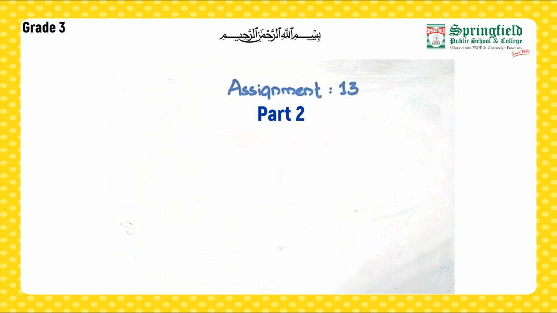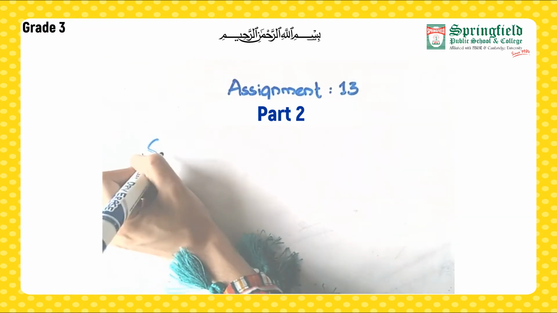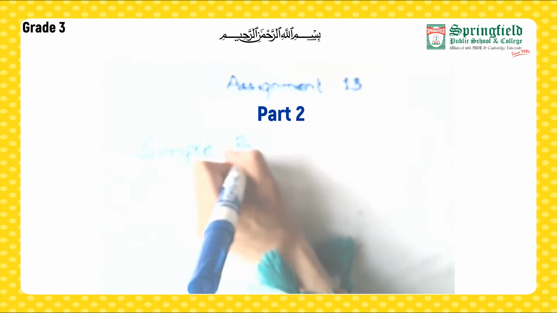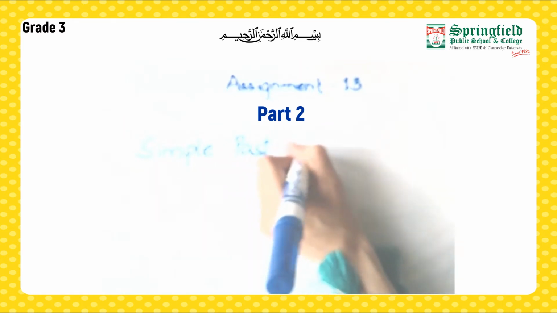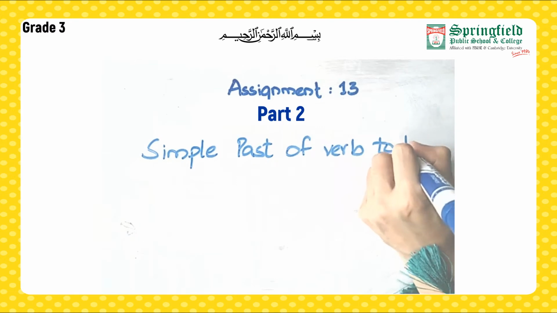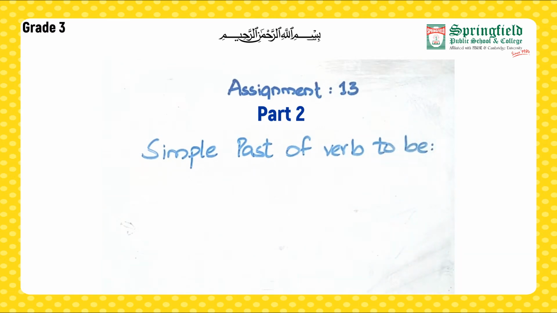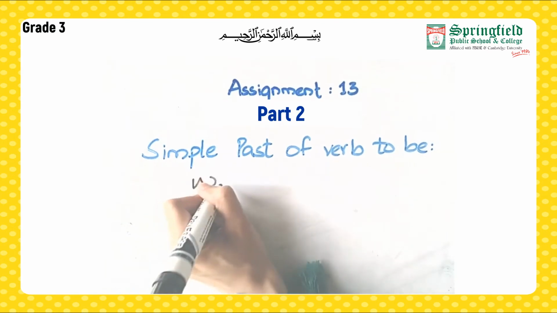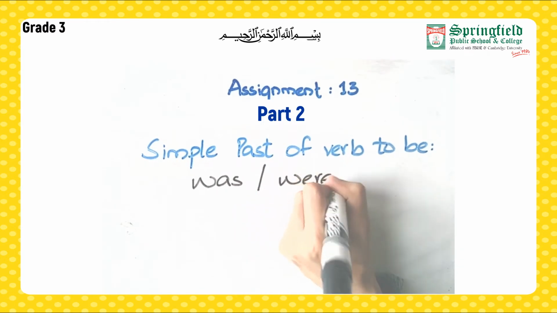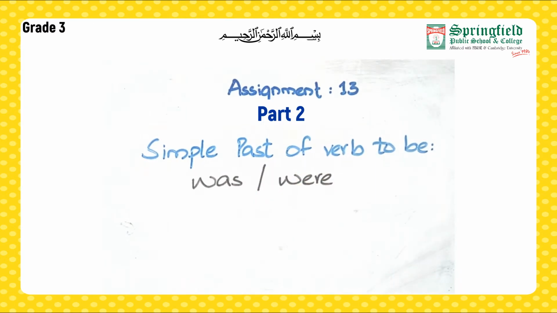Now, before moving towards our topic, let's have a look what is simple past of verb to be. So in past tense, simple past of verb to be always takes was and were.